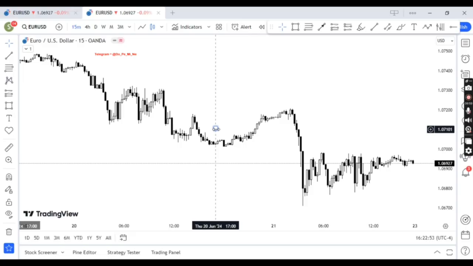Now, the way you can integrate market profiles with opening time is by knowing that more often than not, most of the time when the market opens, price straight away enters a ranging profile, right?